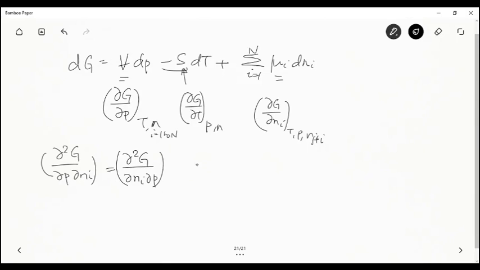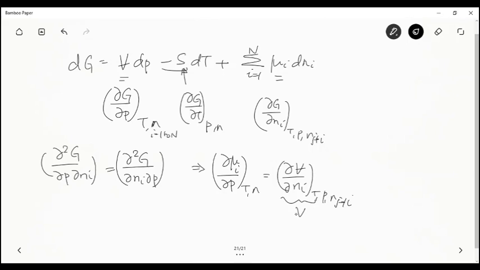Del g by del n_i is mu i, so I can write this as del mu_i by del p, when temperature and species numbers are kept constant, is equal to del by del n_i of del g by del p, and del g by del p is nothing but V here, so it becomes del V by del n_i at constant T, p and n_j not equal to i. And this we recognize as the definition of the partial molar volume of species i.